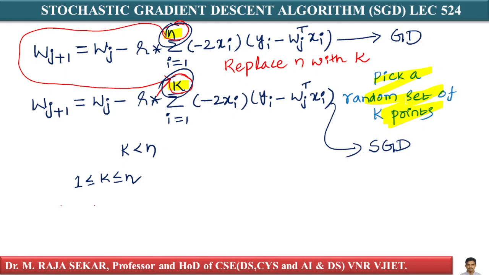Pick a random set of k points and do this update. If you do this update enough number of times, the solution W star with GD is the same as W star with SGD.